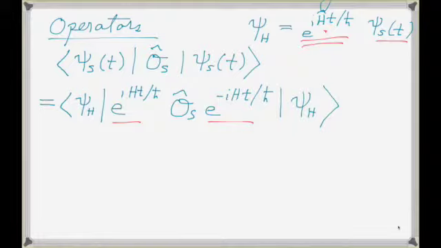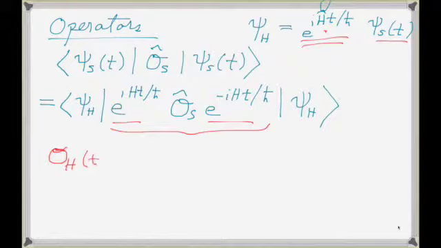I'm just multiplying and dividing by these exponential terms, is all I'm doing. But since I haven't done anything and these two matrix elements are equal, this defines what I mean by an operator in the Heisenberg representation, and how an operator in the Schrodinger representation transforms into an operator in the Heisenberg representation.